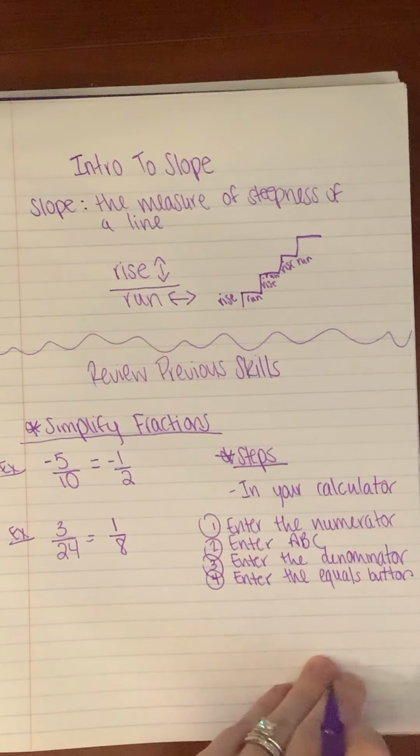Another review that you guys learned last year in 7th grade that will come up while we're looking at slope is proportional relationships in tables. So go ahead and write that down.